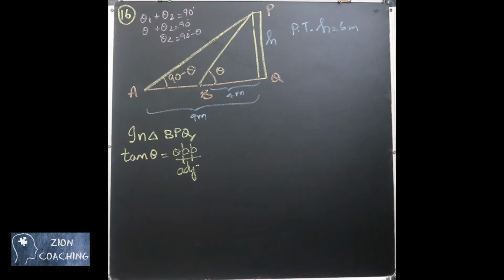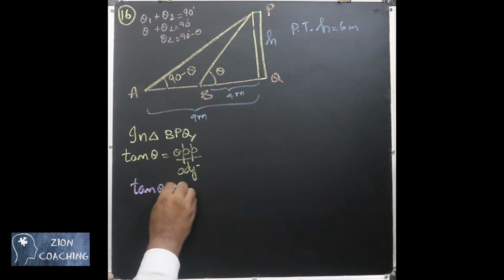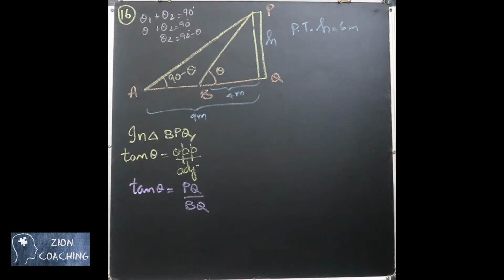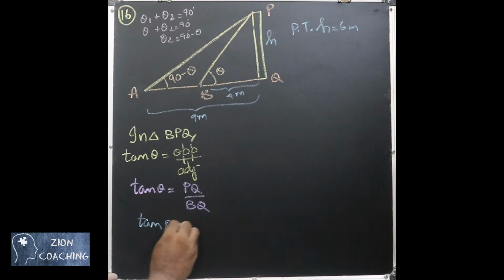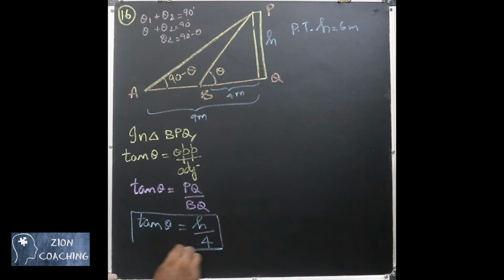Angle is theta, so tan theta equal to opposite side PQ by adjacent side BQ. Substituting the values, we get tan theta equal to PQ is H and BQ is 4, H by 4. You keep this as relation 1.